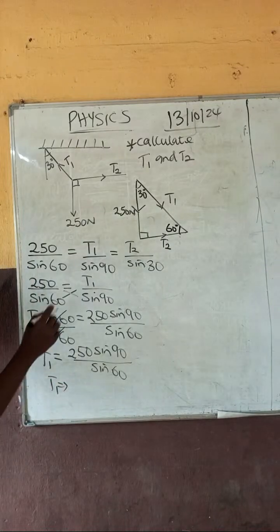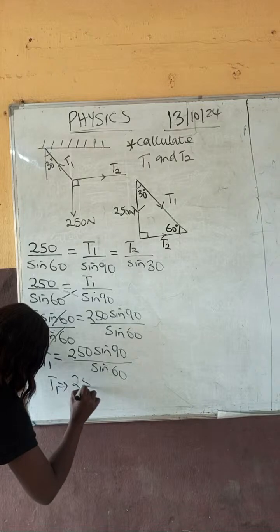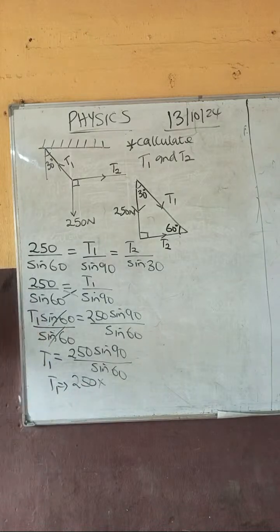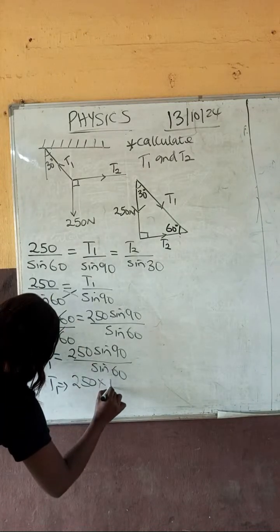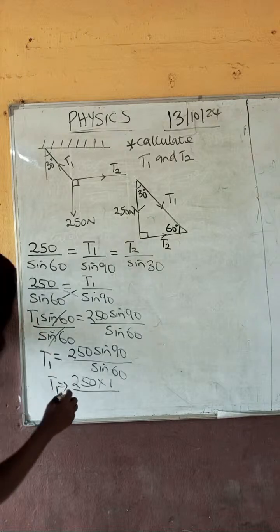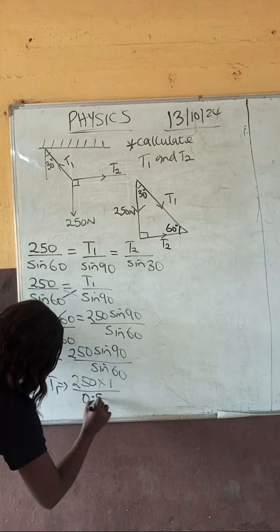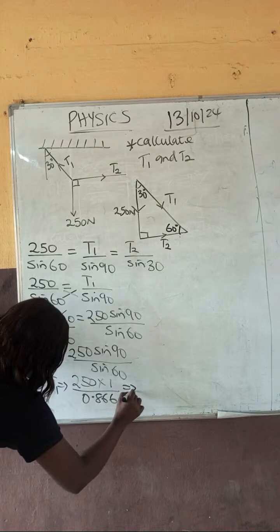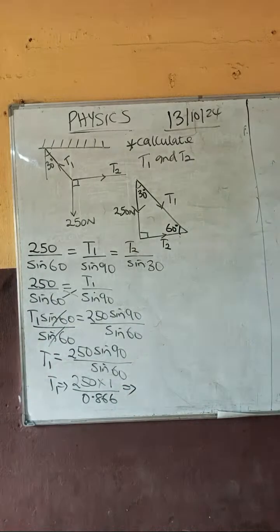Okay? All right. Sine 90 is equals to what? 1. Okay? Divided by sine 60 is equals to what? 0.866. So let's divide to get what we have. Use our calculator.